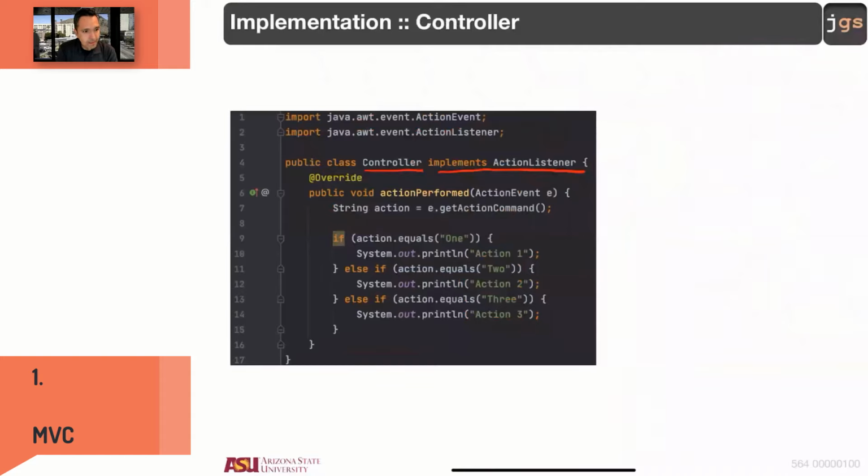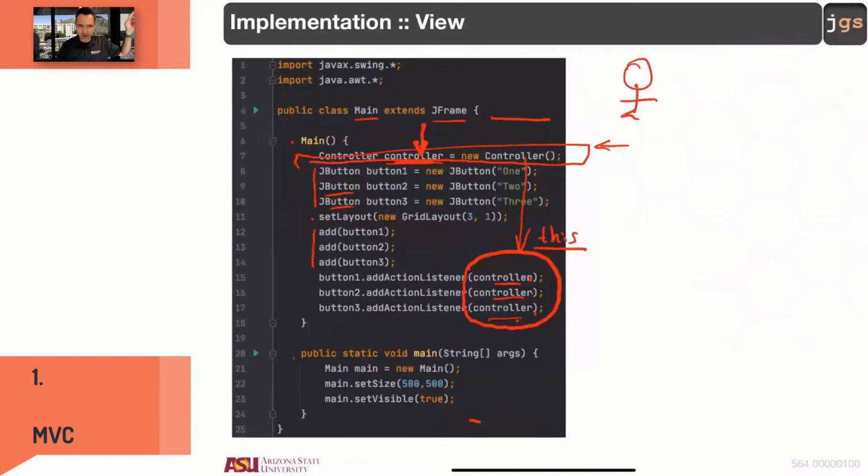In this class, the only public thing I have is my method action perform. Do you remember that the listeners are basically observers? And if you remember, in the observer pattern, this method is going to be called every time that something happens with these widgets.